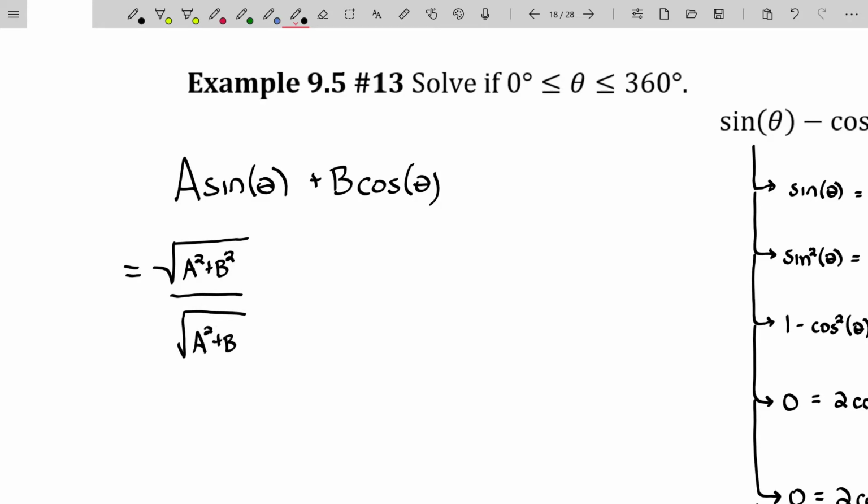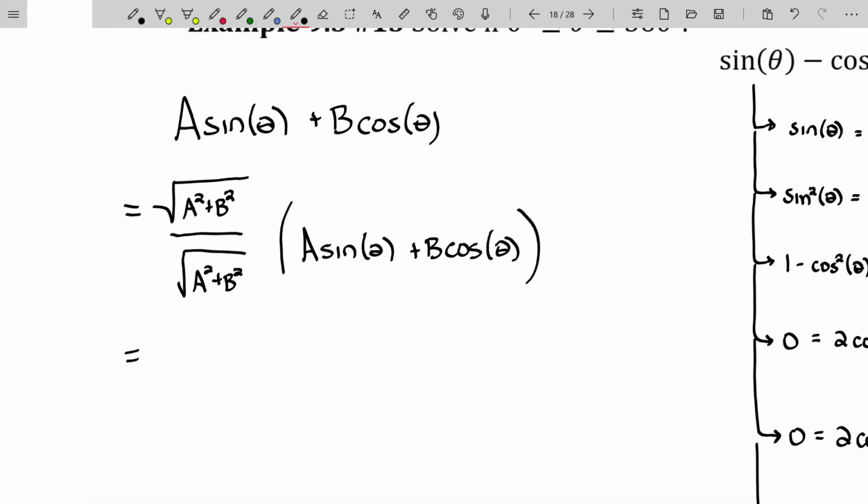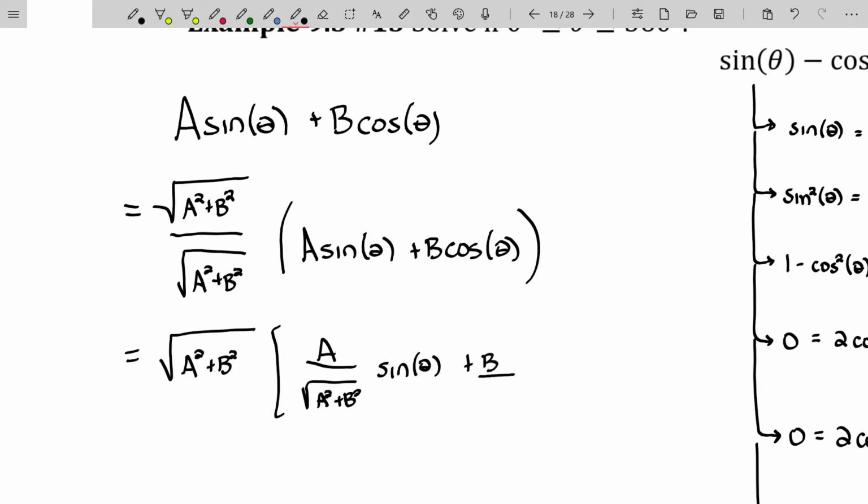So really you're just multiplying by 1 times a sine of theta plus b cosine of theta. Distributing the denominator through, that would give you the square root of a squared plus b squared times a over root a squared plus b squared sine of theta plus b over the square root of a squared plus b squared cosine of theta.